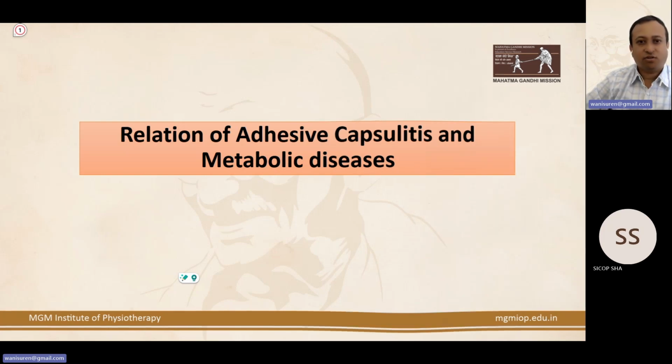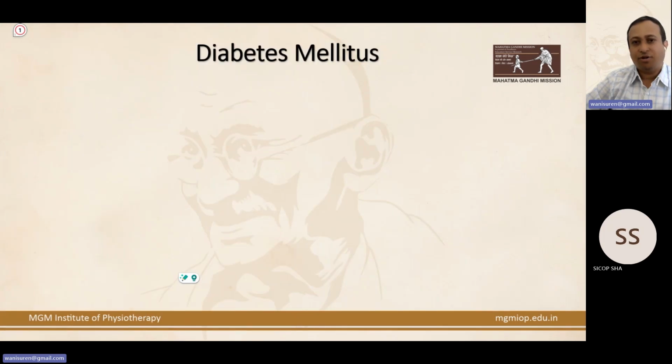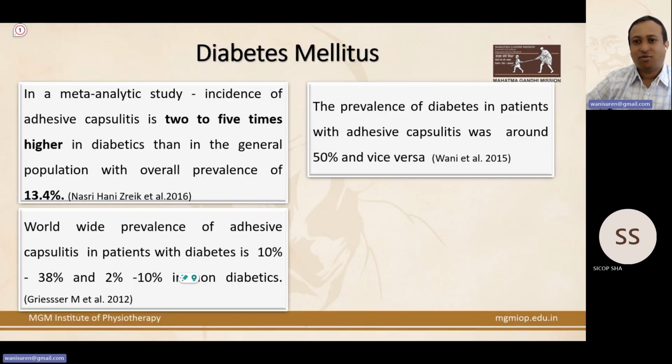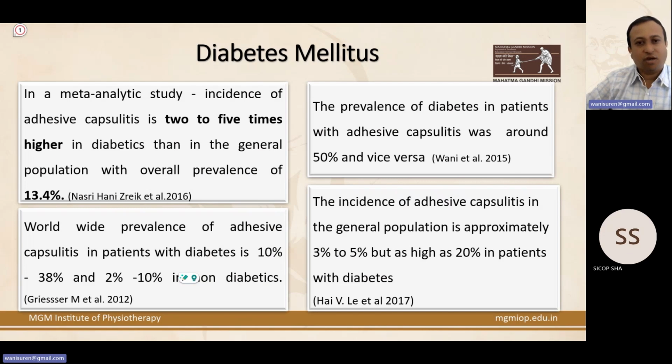We'll start with first correlating it with diabetes. These are some studies already available in the literature proving that adhesive capsulitis is more prevalent in patients with type 2 diabetes. In a study done by us in the central Maharashtra region, we found that around 50% of people with diabetes may have adhesive capsulitis.